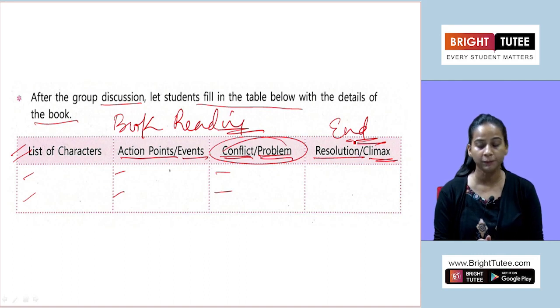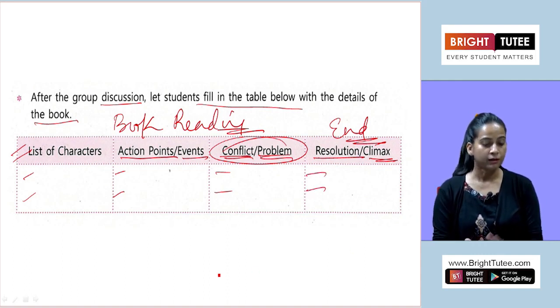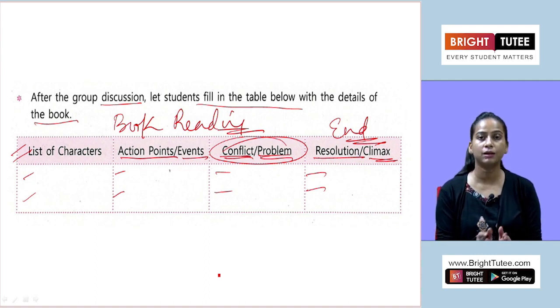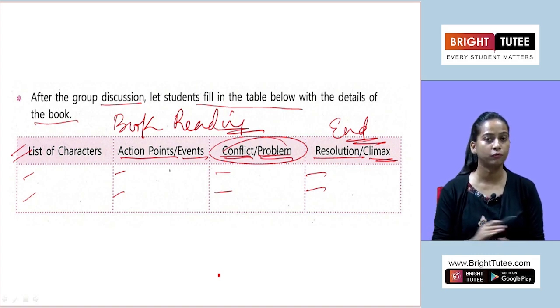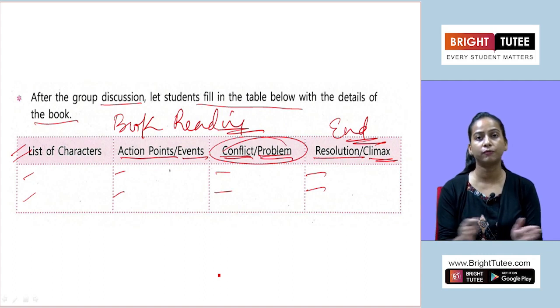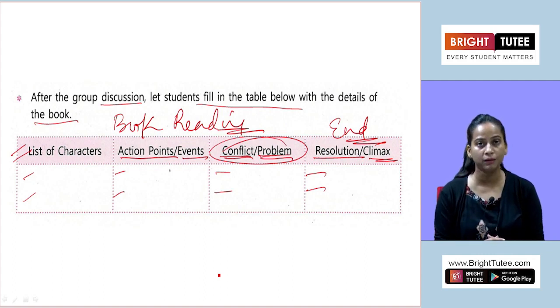You have to include that here as the concluding part. So hopefully it is clear to each and everyone. With the help of your teacher you are supposed to proceed with this warm-up exercise, where you read the book, then based on that do the group discussion with your other classmates, and after that complete this table where you fill in all the asked details.